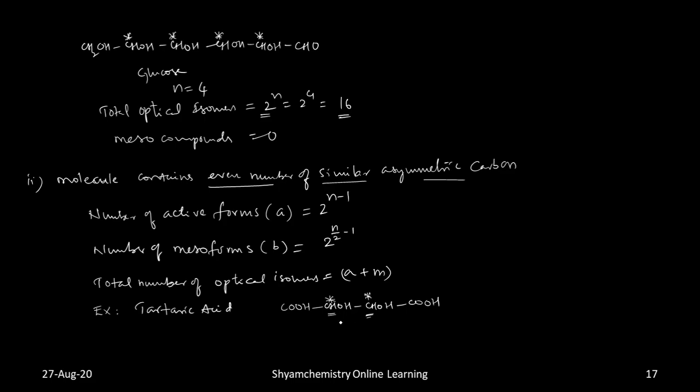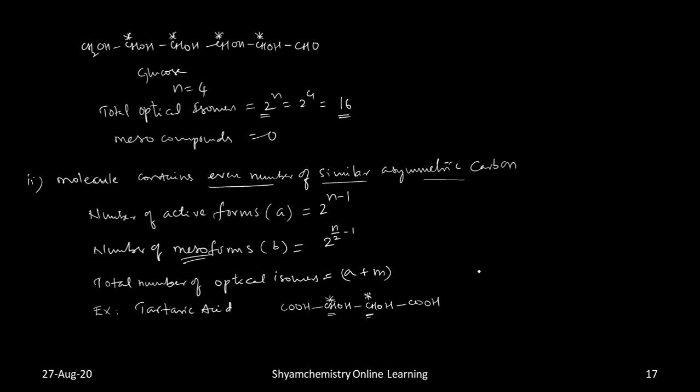These two carbons are similar type, having the same environment. Therefore, this type of molecule has mesoforms also.